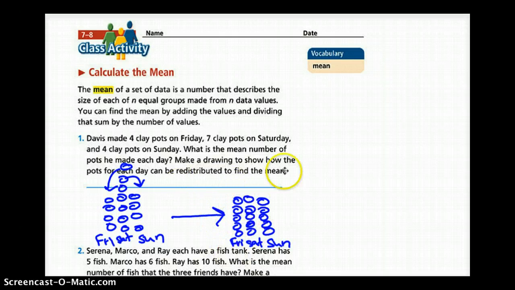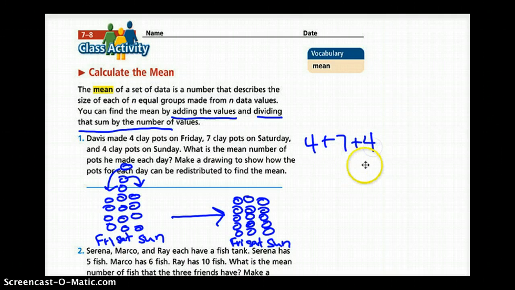To find the average number of pots, again, to find the mean, you add the values and divide by the number of values. So I'm going to add them together. 4 plus 7 plus 4. 4 plus 7 is 11. 11 plus 4 equals 15.